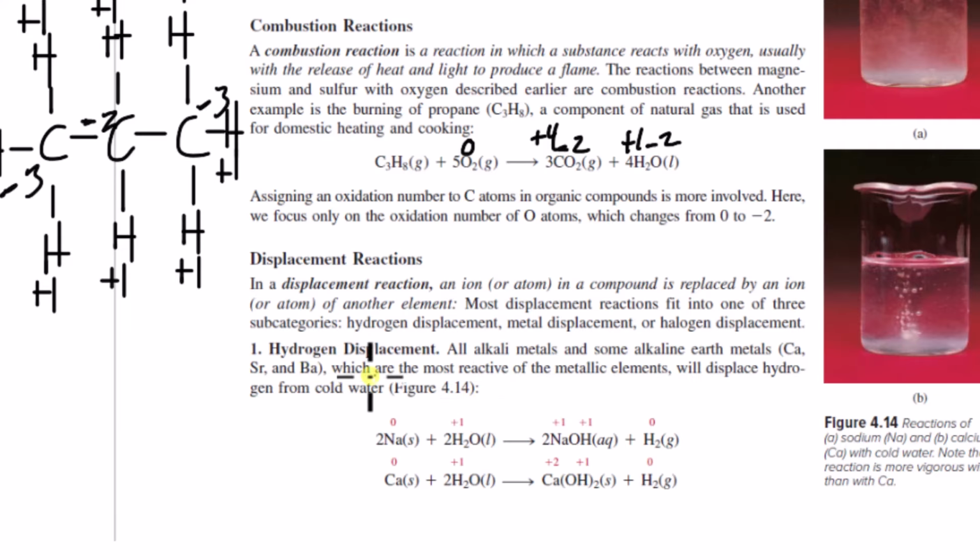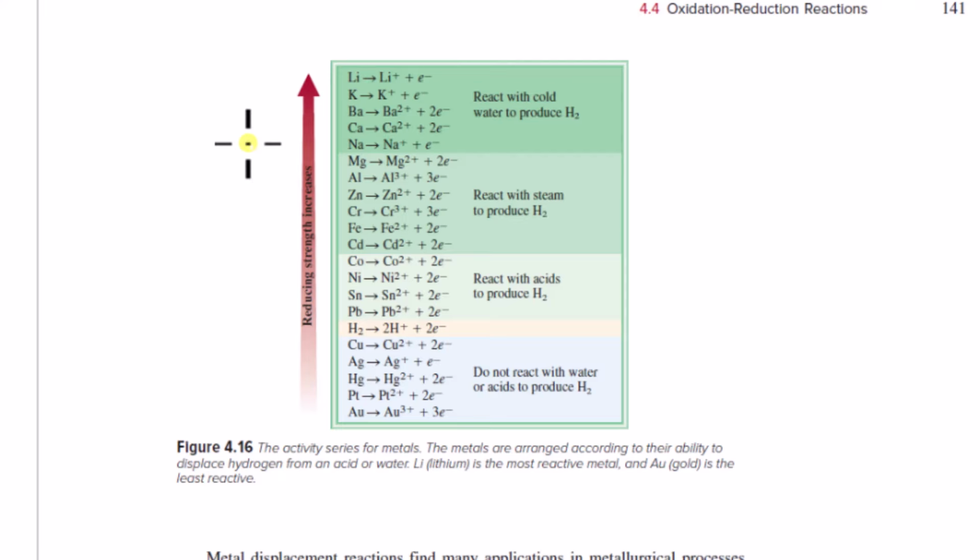Hydrogen displacement reactions are single displacement reactions in which a metal is displacing hydrogen from a compound or vice versa, whereas metal displacement is when a metal is displacing a metal from a compound. But again, both are based on this same activity series, the metal activity series.